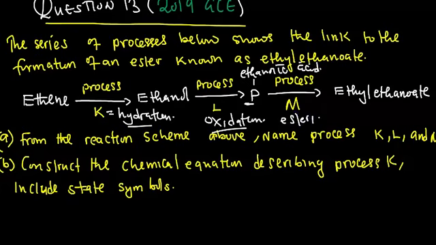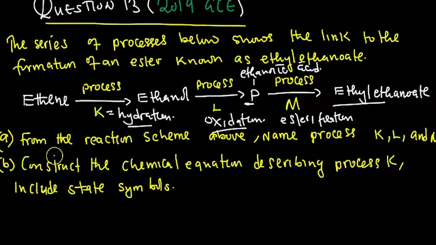So process M is called esterification, and now it forms an ester, which is called ethyl ethanoate. So these are the processes. Process K is hydration, L is oxidation, M is esterification.